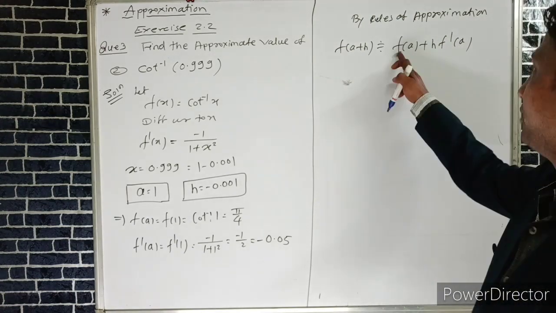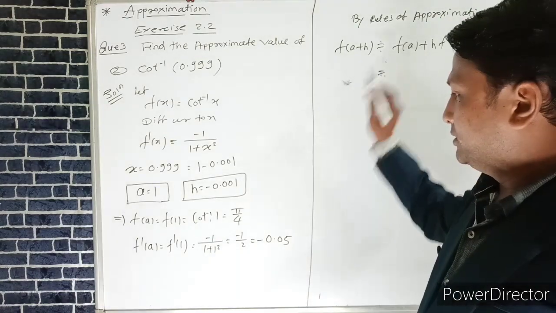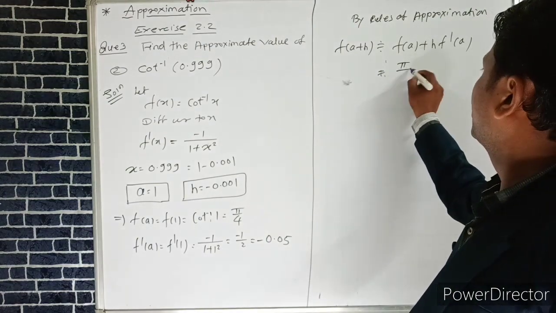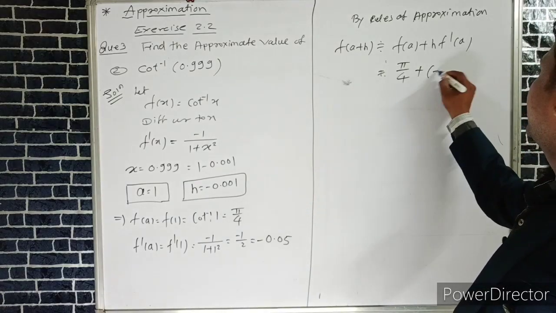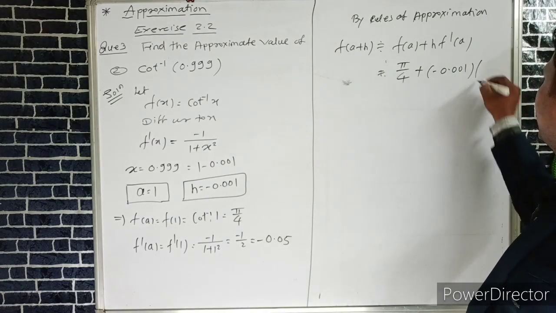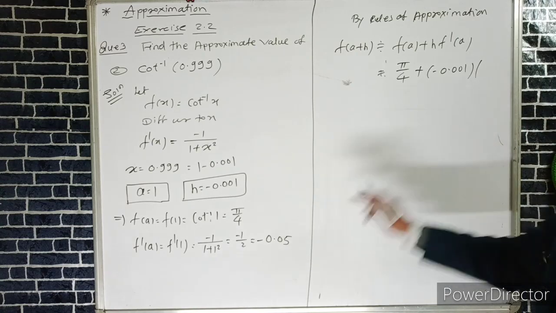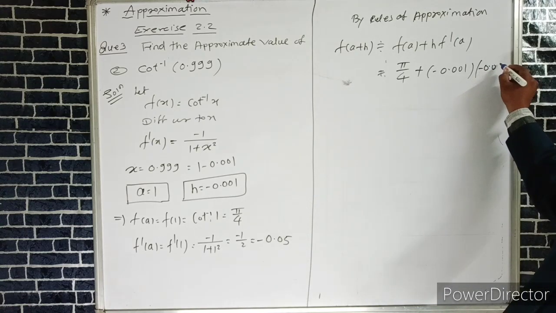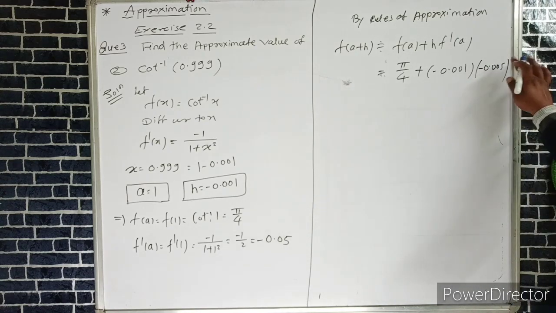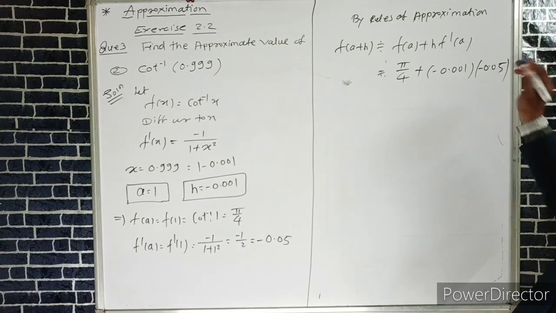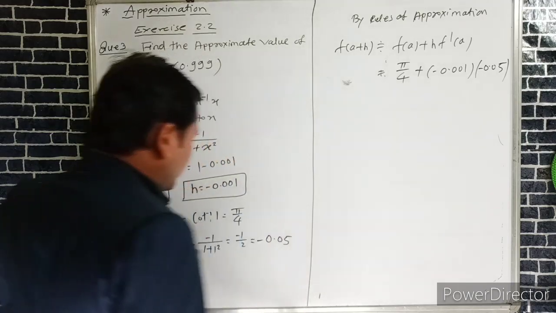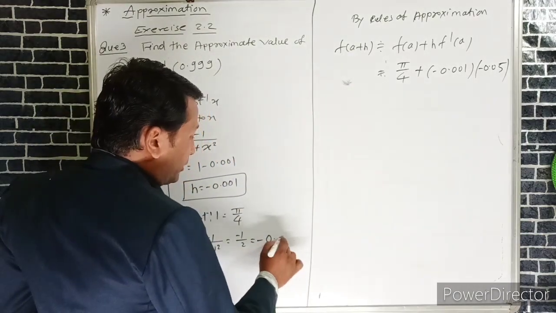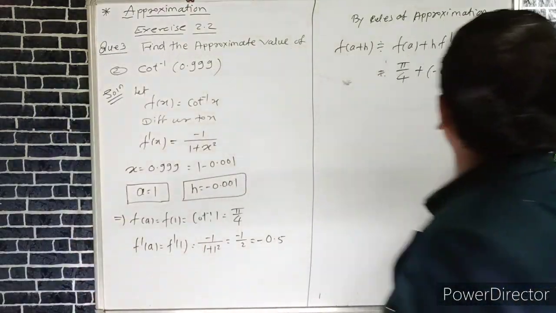The value of f of a is pi by 4, h is minus 0.001, and f dash of a is minus 1 by 2, means minus 0.5.